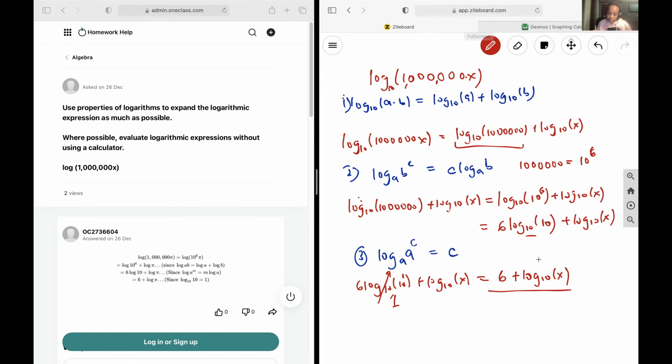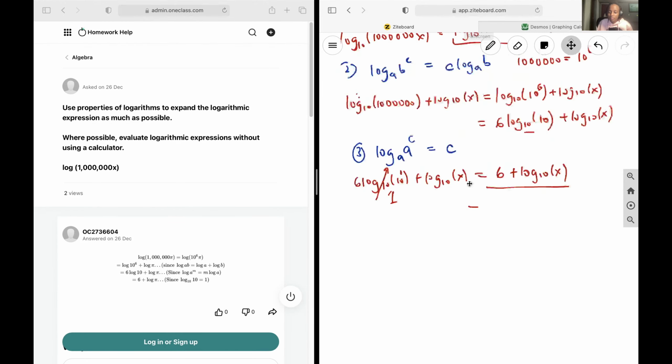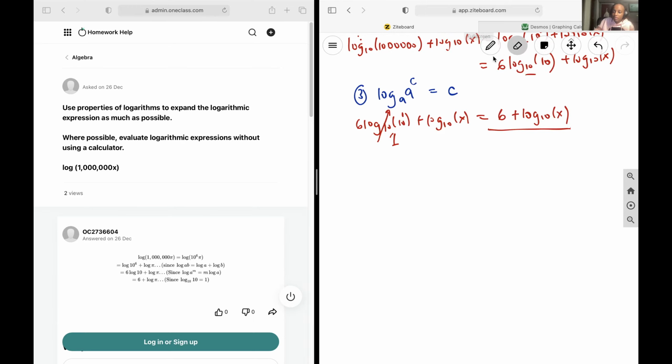And this is the simplest way to write down our initial problem. Let's just write that final answer down here. And that's going to be our final answer.